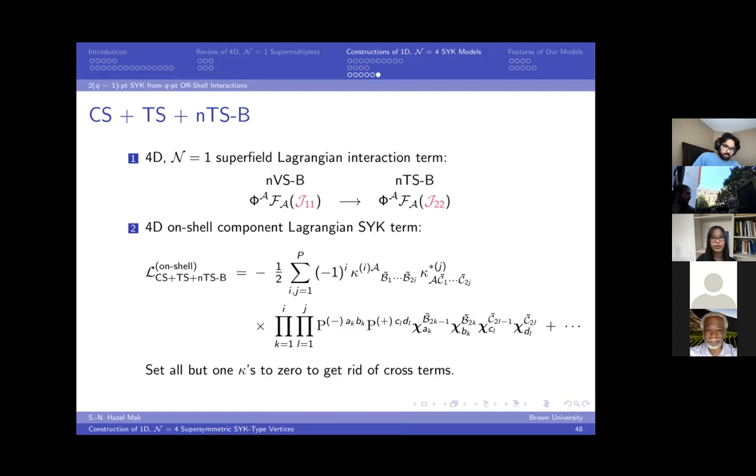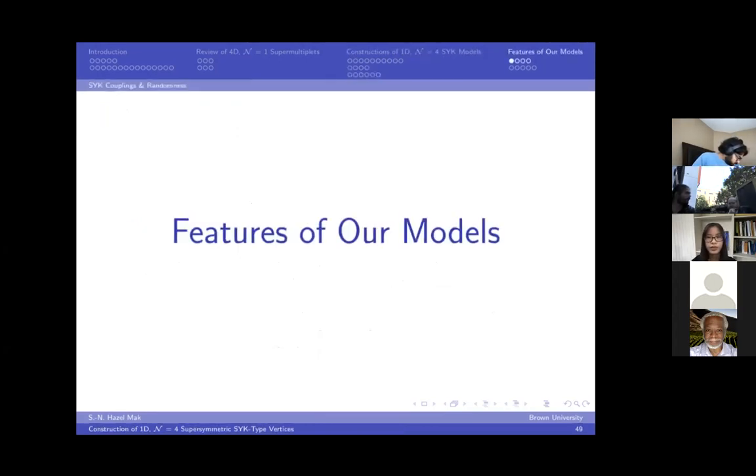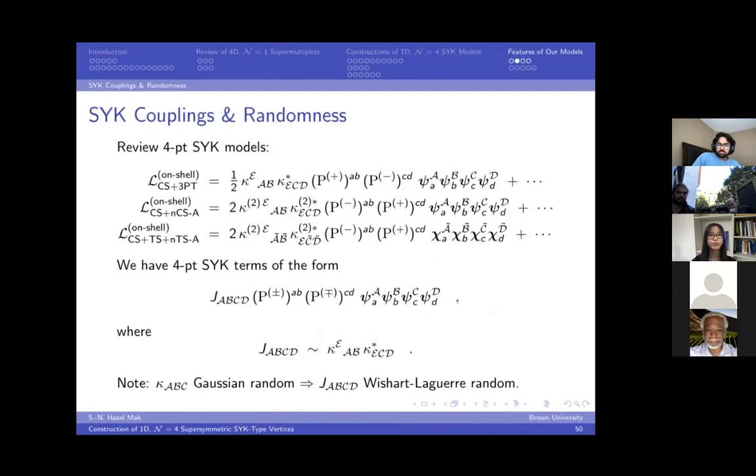So now we have constructed 5 models, and let me comment on the features of these models. The first comment is about the SYK type couplings and randomness of these models.